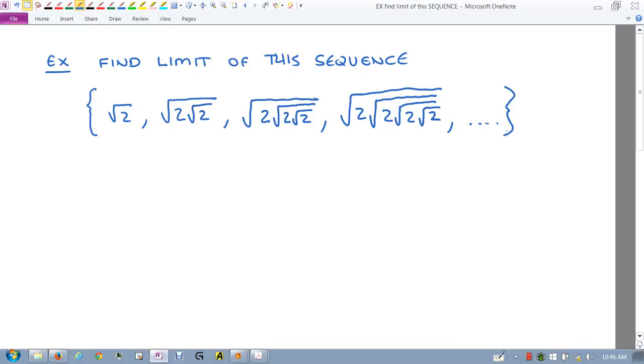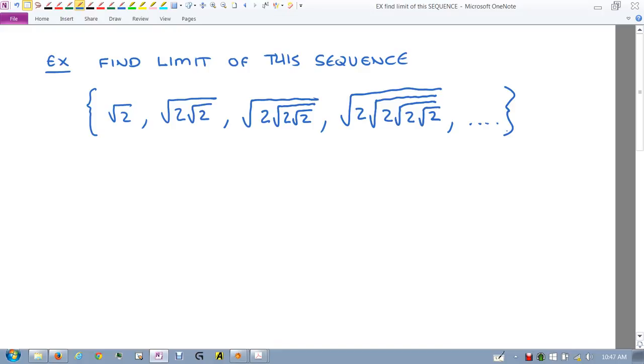You get the idea of what the sequence is doing? Root 2, then root 2 times root 2, and then the square root of 2 times root 2 times root 2, and keep doing that. So keep on adding another root 2 on the outside of it or on the inside. You can look at it both ways. So this looks a lot worse than it is.